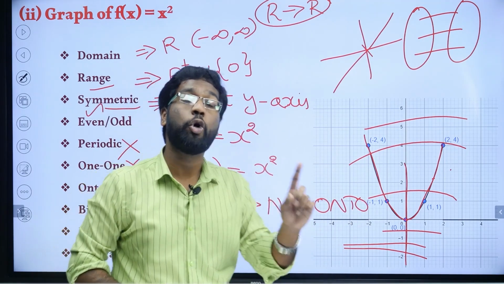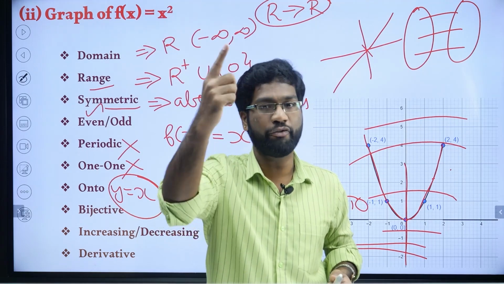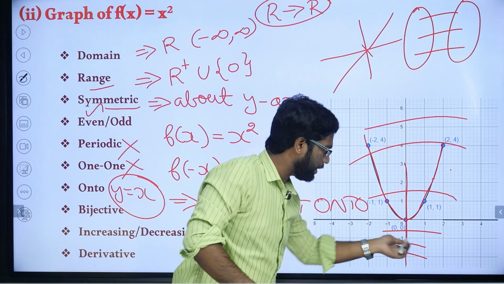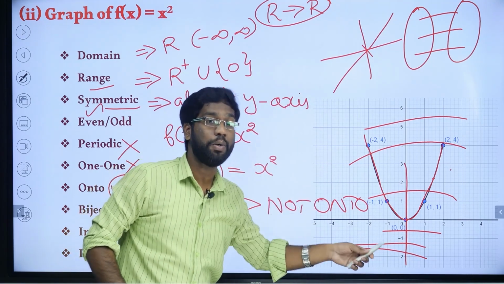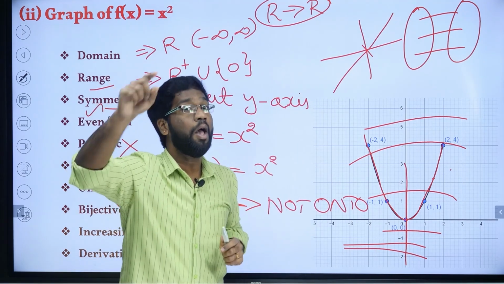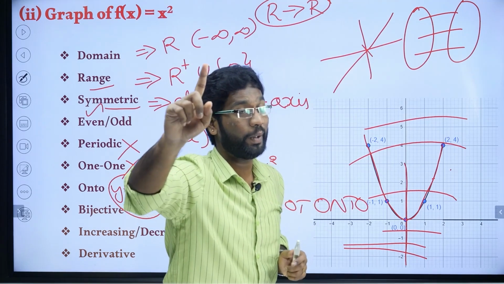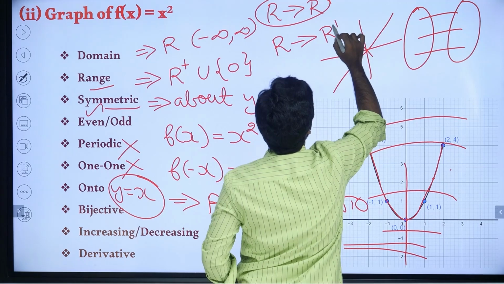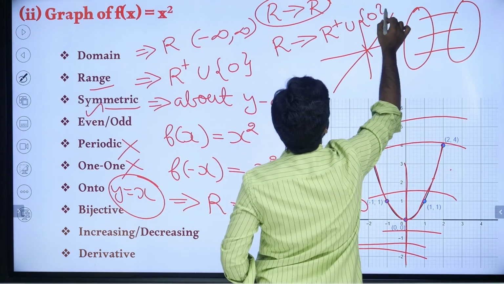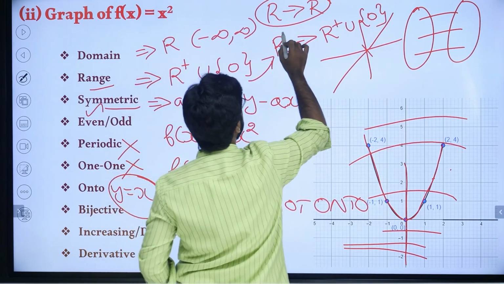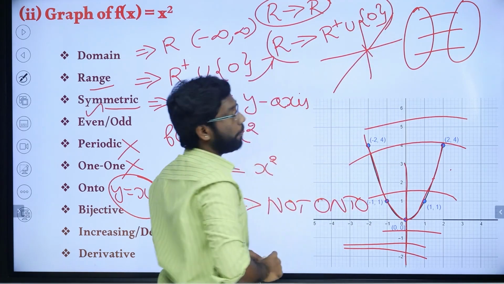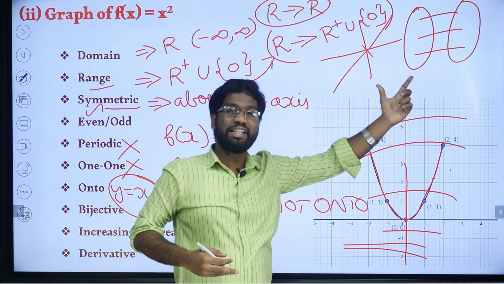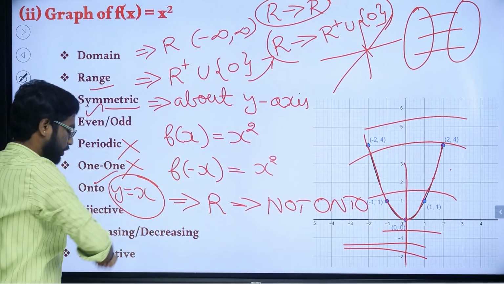But here, the codomain is in our control, my dear students. You have to think. If I draw any line in place of R which is not cutting, this function is not an onto function. But keep in mind, my dear students, if I take R plus union 0, actually this range value, if I have taken the codomain as exactly what I needed, then this function is an onto function, my dear students.